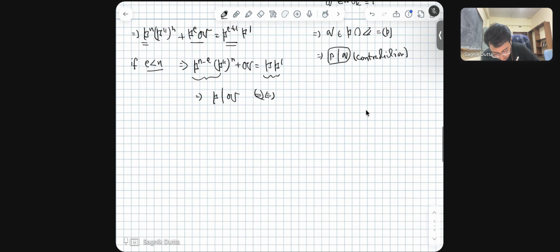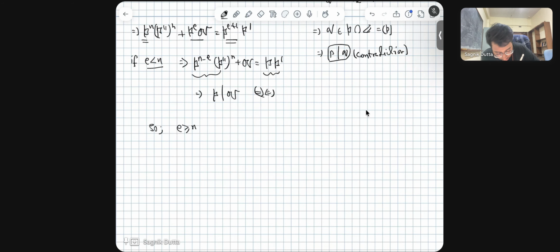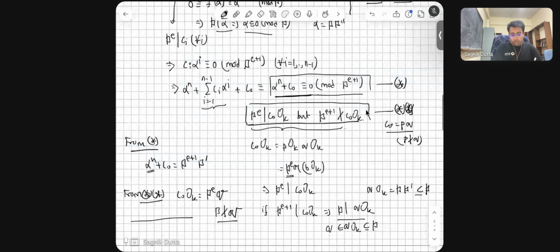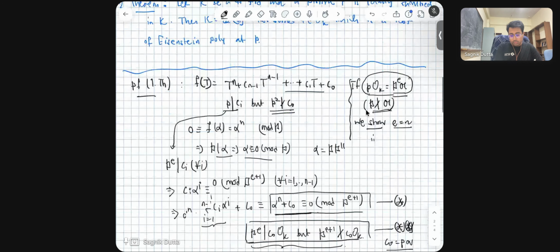So E has to be bigger than or equal to N, that means E has to be equal to N. That is what we have to prove, right? So P is totally ramified. This is one side of the proof. It's just manipulation, nothing much.